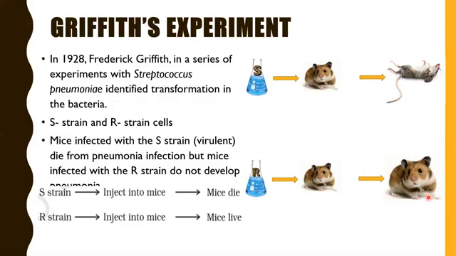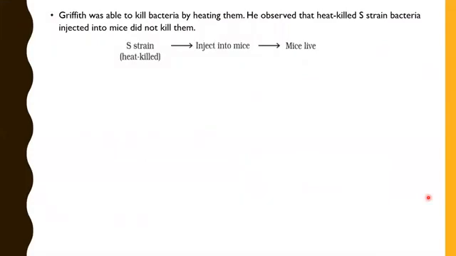But he continued his experiment. In the third step, Griffith was able to kill the bacteria by heating them. That means he killed the S strain bacterial cells, which were pathogenic and able to cause disease to the mice. So he killed the S strain pathogenic bacterial cells by heating them.